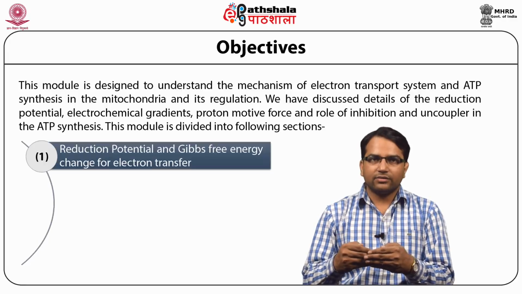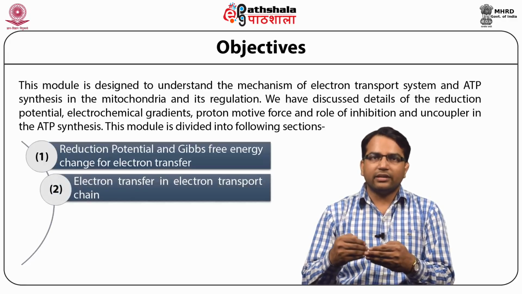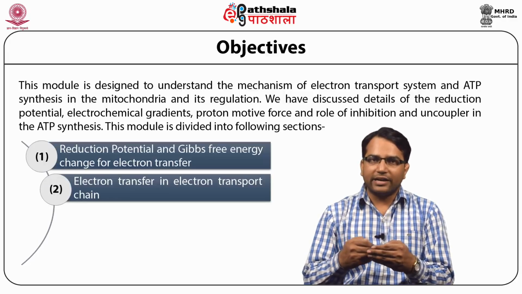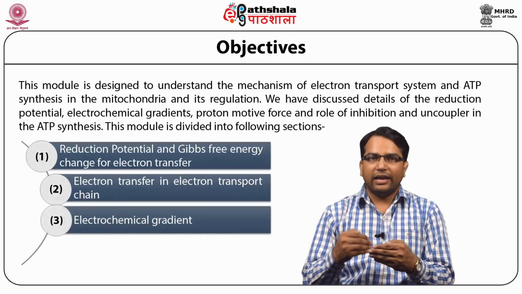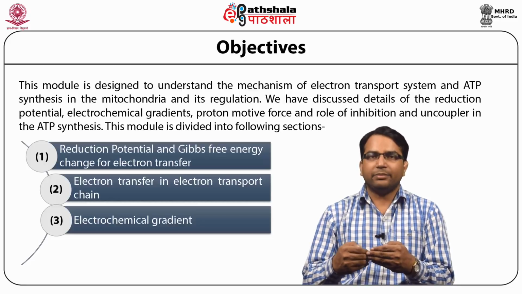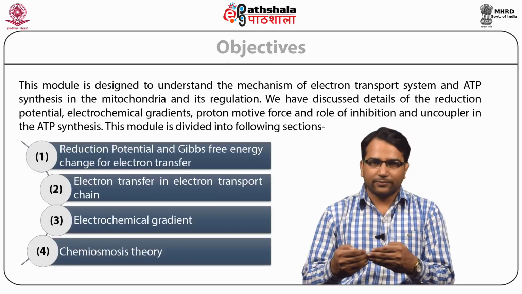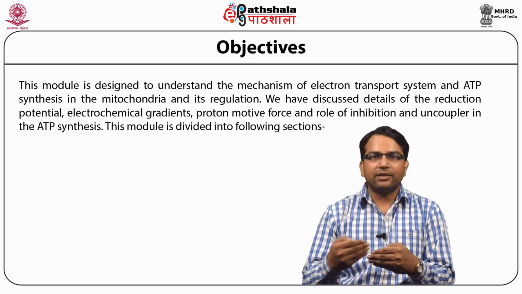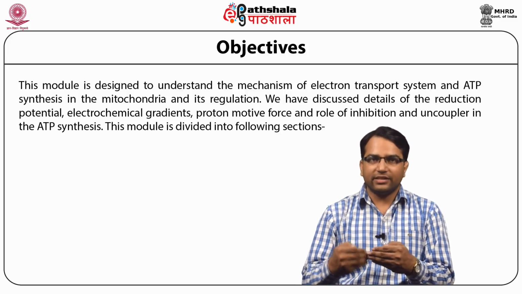The second one is electron transfer in the electron transport chain, that is, how the different carriers participate in the electron transport system. The third one is the electrochemical gradient: how it is created in the periplasmic space and how it is responsible for ATP synthesis. Then we will discuss the chemiosmotic theory, which explains the mechanism of ATP synthesis by ATP synthase.